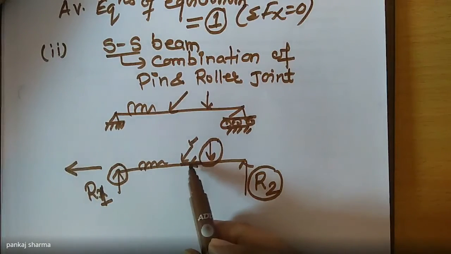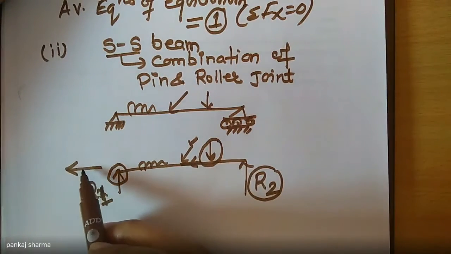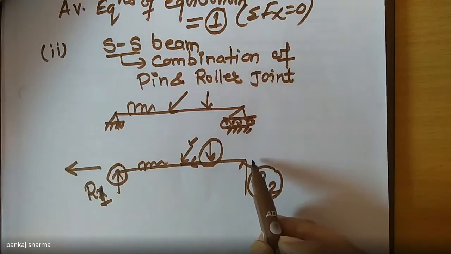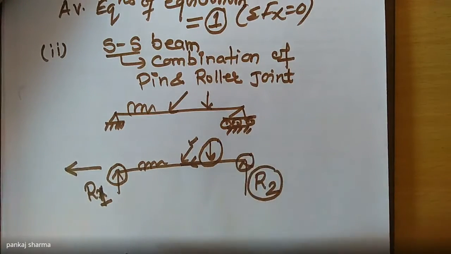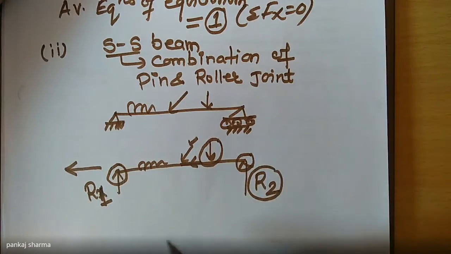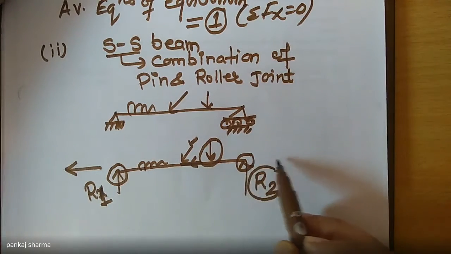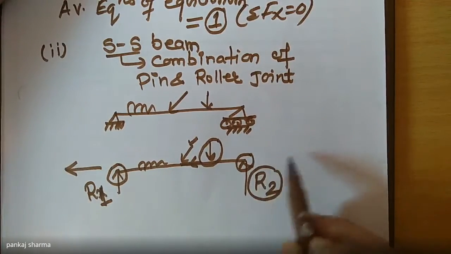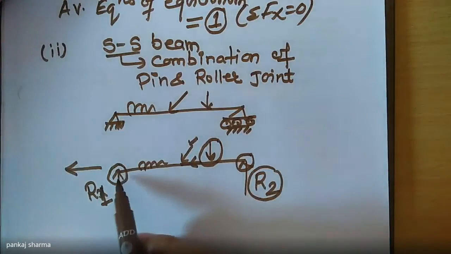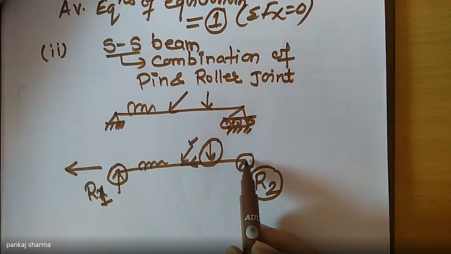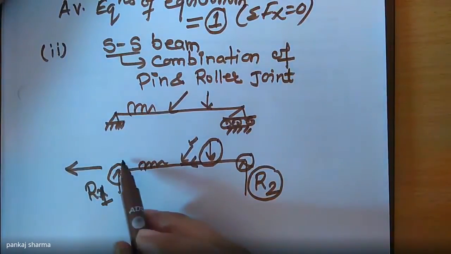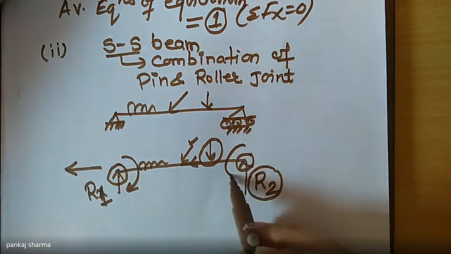If the axial force is not present, then this reaction value will be 0. We all know the property of the roller joint. There will be no horizontal reaction because it allows the translation motion. As well, these two joints freely allow the beam to rotate.